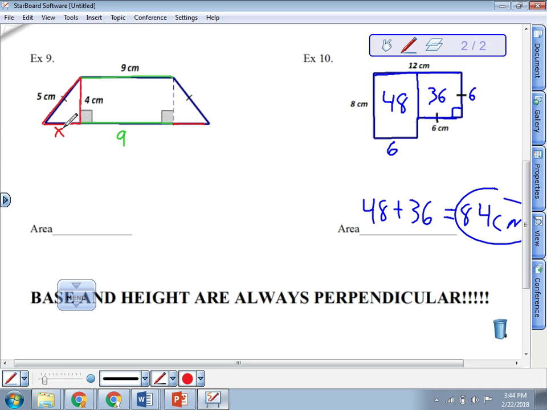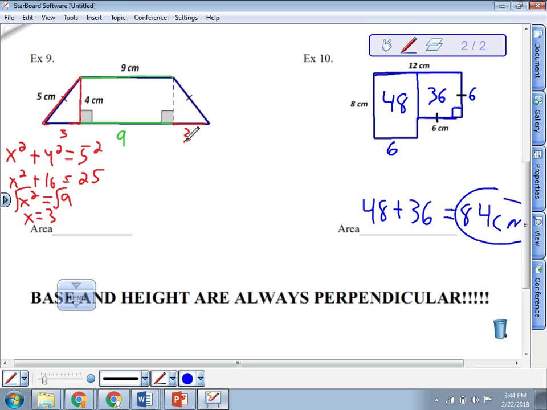Remember, leg squared plus leg squared equals hypotenuse squared. So x squared plus 4 squared equals 5 squared. That gives x squared plus 16 equals 25. I subtract 16, so x squared equals 9. Take the square root of each side, so x equals 3. So this x right here is 3, and this is 3. So 9 plus 3 is 12, plus another 3 is 15. So that bottom base is 15.